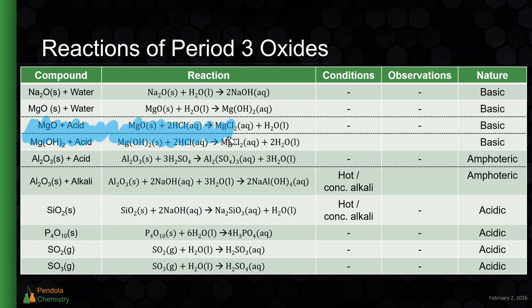They both react to create the ionic salt of that acid's anion, and they also create water. Notice, exact same products, right? Everything's exactly the same here because they both essentially do the exact same thing. The only key difference here is the balancing. As you can tell, the water for the hydroxide has a 2, whereas the oxide only creates one water, not two waters. But that's pretty much the only difference here.